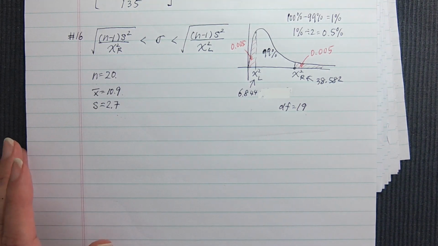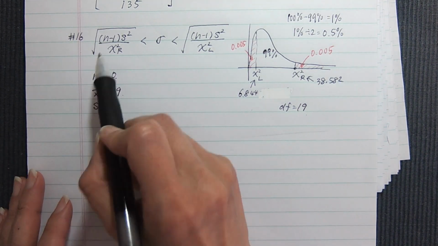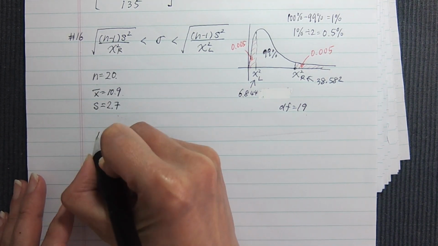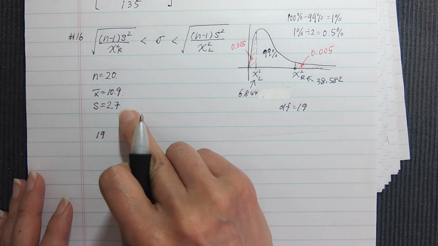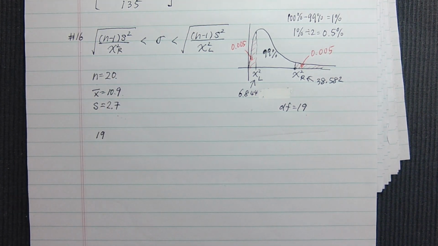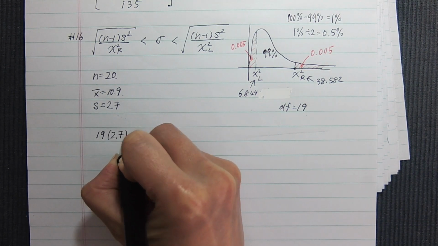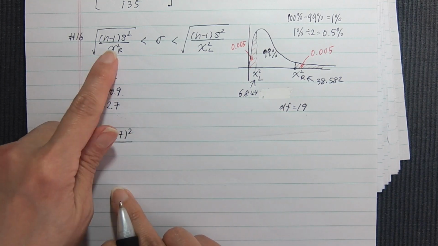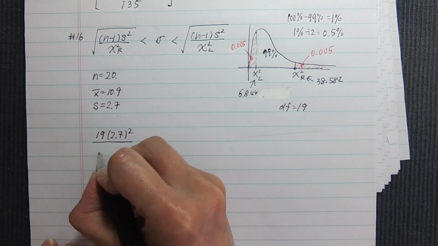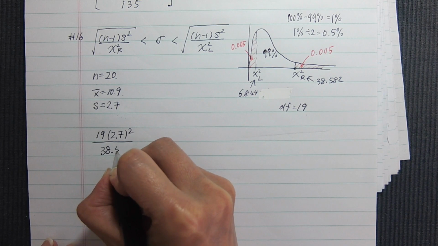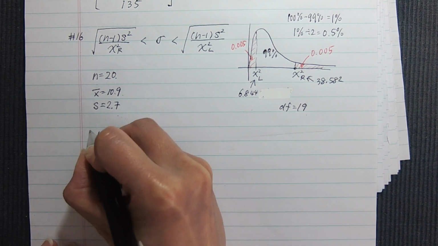Actually, we are done. Now put in the calculator. Here it's 20 minus 1, it's 19. The formula says s squared, so it's 2.7 squared. The chi-square right here, 38.582, square root.